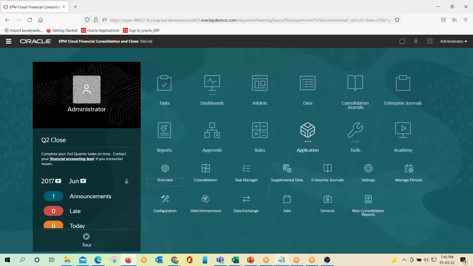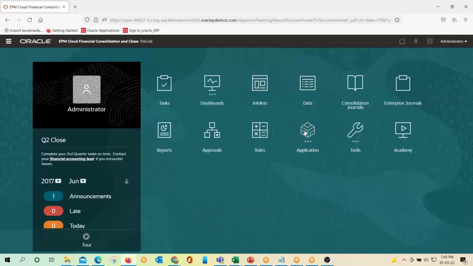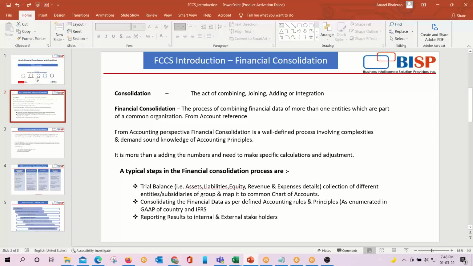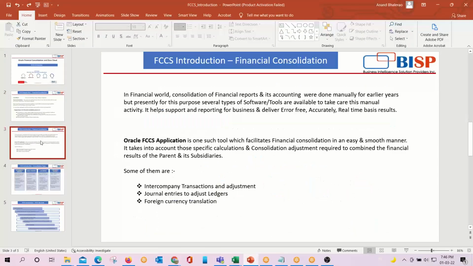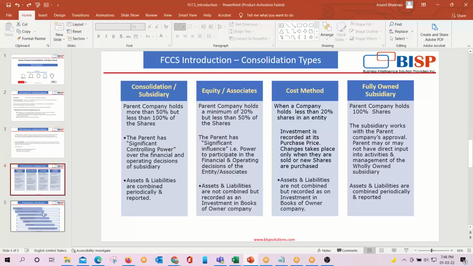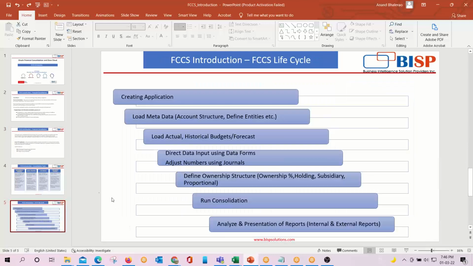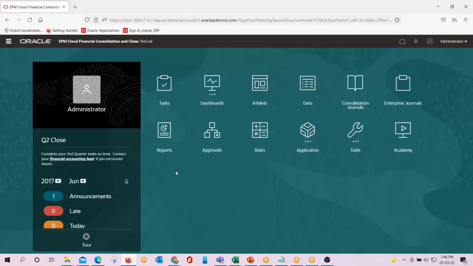I think this is an introduction session and it has covered all the meaningful topics which are required: what consolidation is and how we do it, and with the help of this application, how we can achieve this result, the goal of financial results of a company.